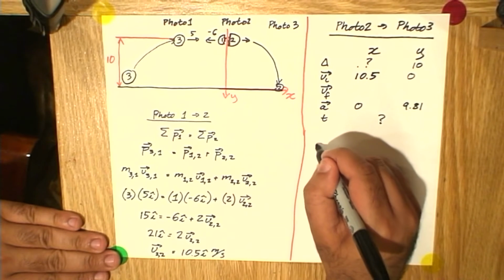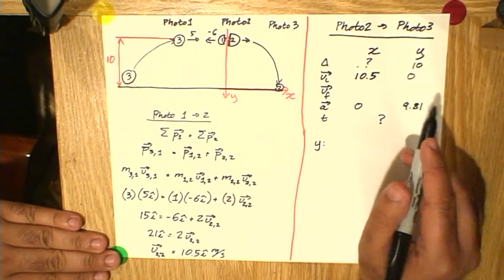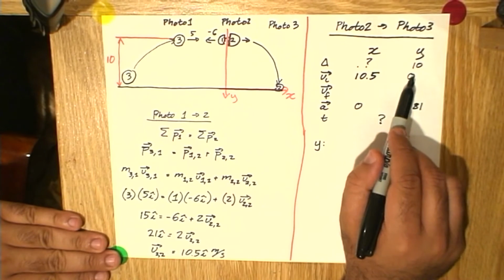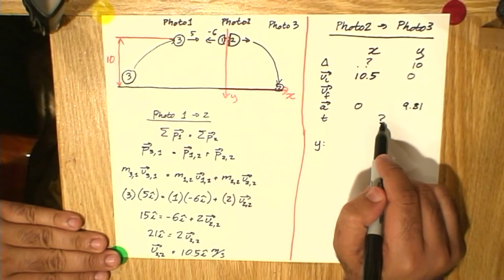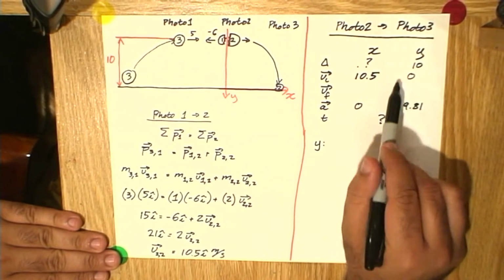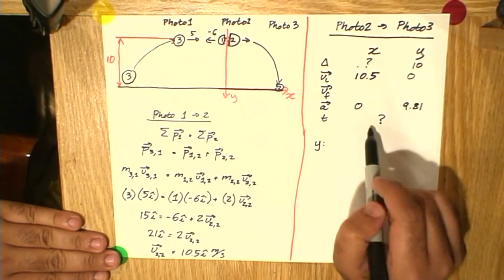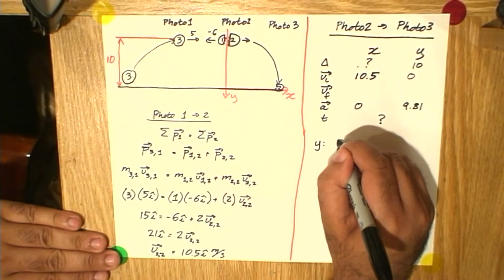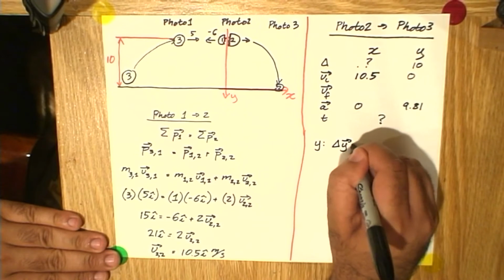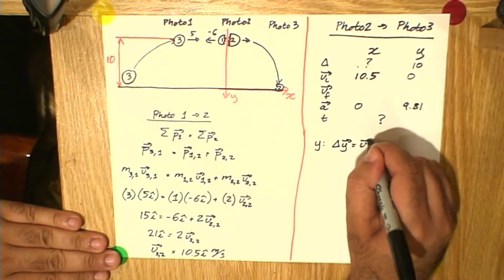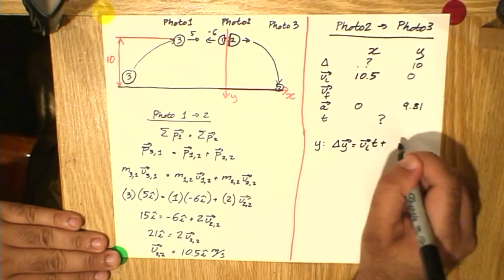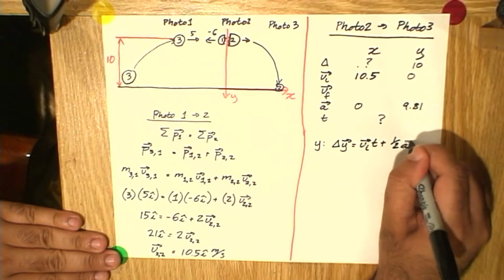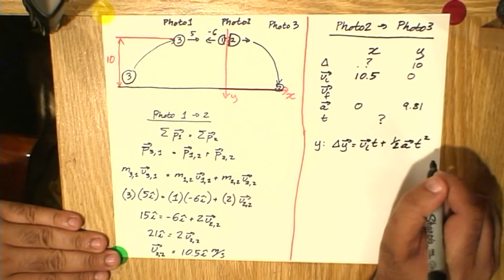Let's start in the y direction. In the y direction, we know displacement, initial velocity, and acceleration. We can solve for time. There's only one equation that weaves together all four of these quantities, and that's toolbox equation 2. So that would say that delta y is equal to v initial times t plus 1/2 acceleration times t squared.